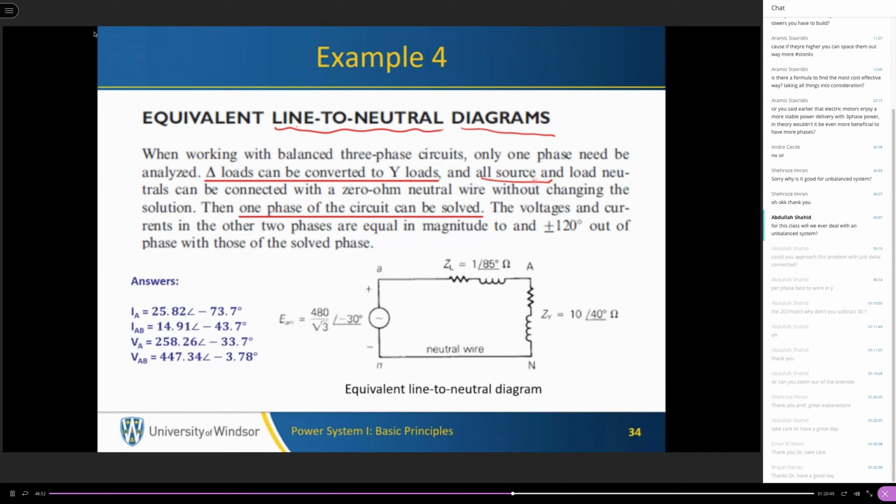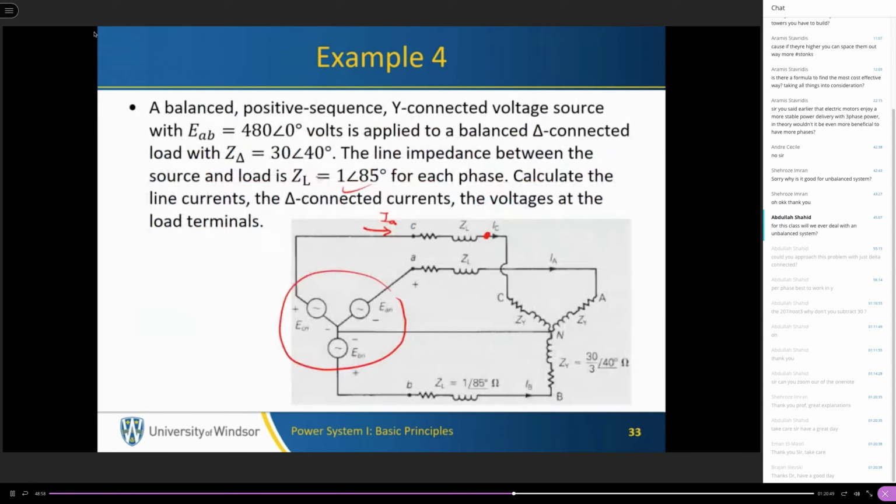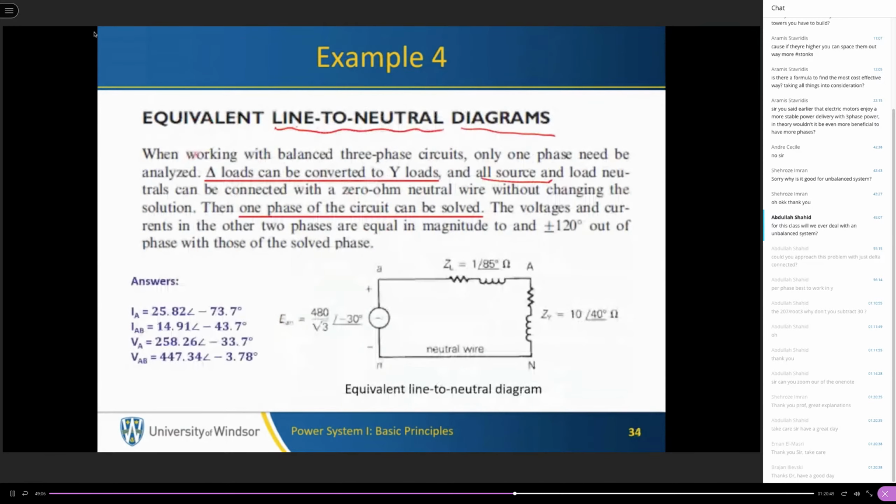All sources have to be connected from neutral to ground. So if the voltage is given as a line-to-line voltage, then we have to get its equivalent line-to-ground voltage. We solve one circuit, let's say phase A, and then we generalize to all. We map everything to the original circuit.